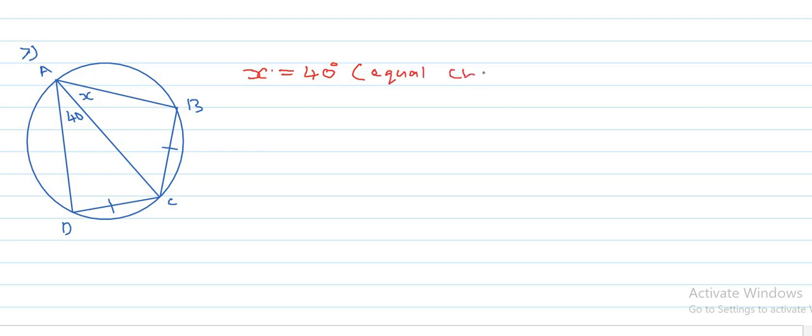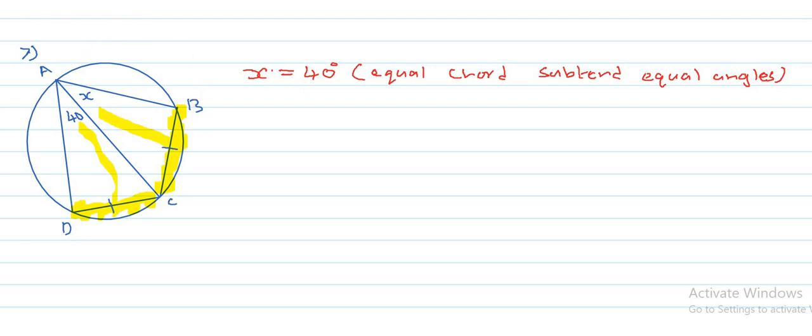Equal chords subtend equal angles. So since we are given that chord BC equals chord CD, these chords subtend equal angles, hence x equals 40. Let's look at question number 8.